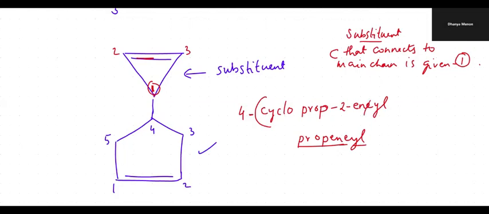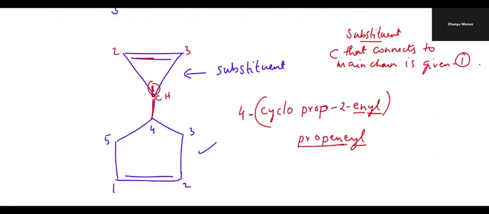So e, n, y, l. Ene is for the double bond. Yl is because one hydrogen is removed from this connecting carbon. There should have been a hydrogen here, but this hydrogen is removed because it is using that bond to connect it to the main chain.